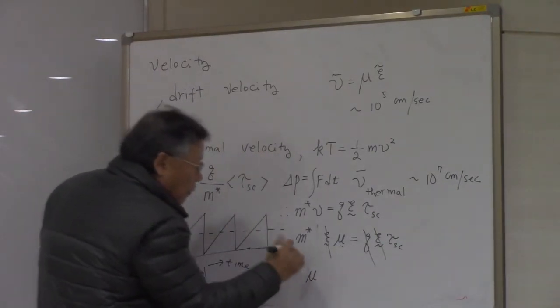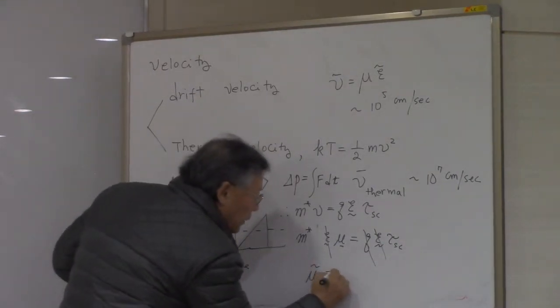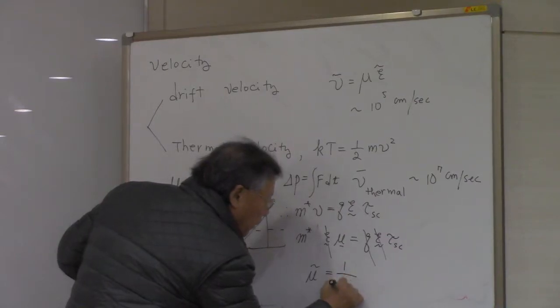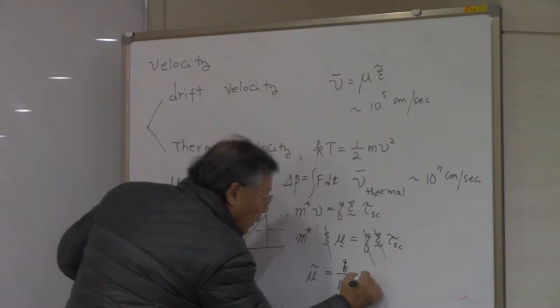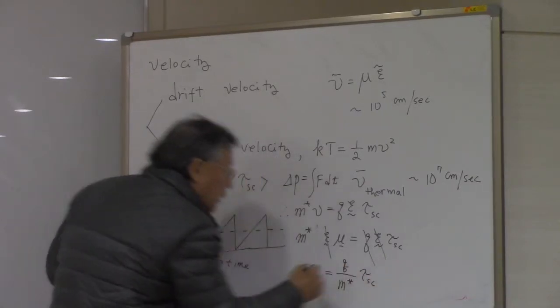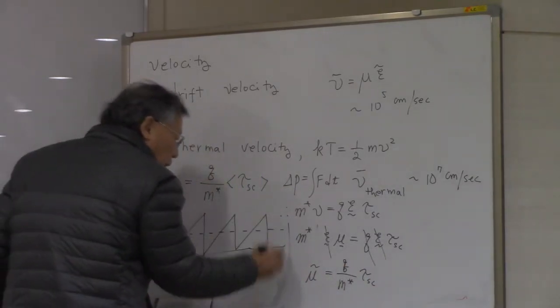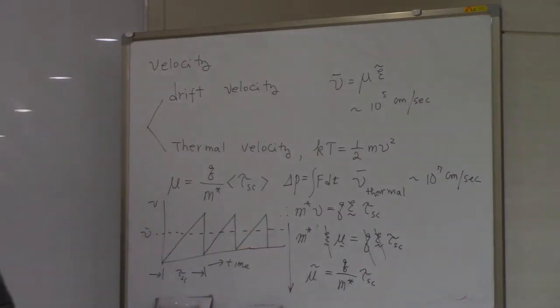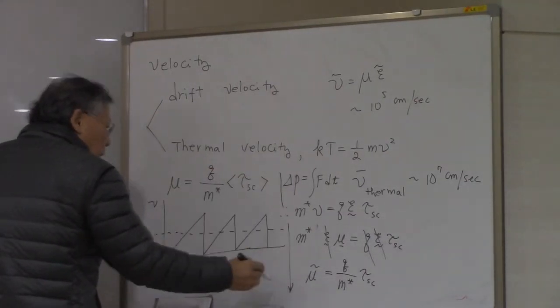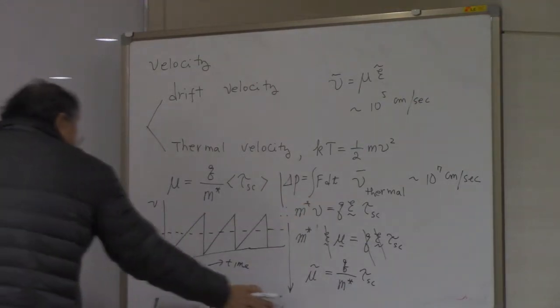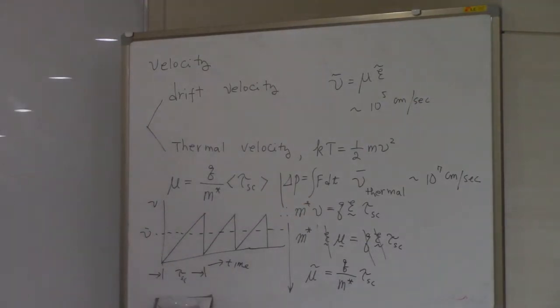So the mobility now is going to be q tau over m*. That is a simple derivation for the mobility, right? From here to here as the mobility derivation.